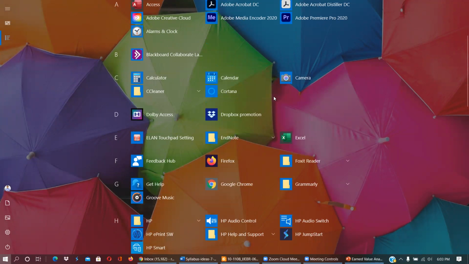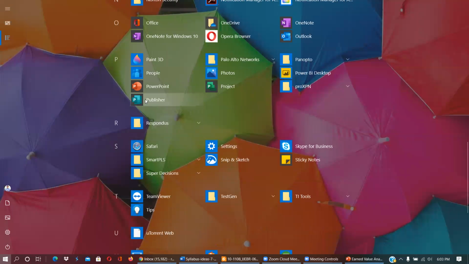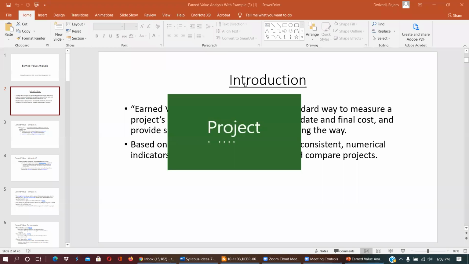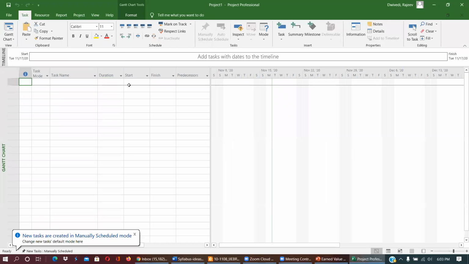Actually, we have this software available with Eastern Washington University. Let me just give you a glimpse so that you can understand Microsoft Project. For example, this is a project. Here you can see every task, whether the task is completed or not completed, and what kind of resources are required.